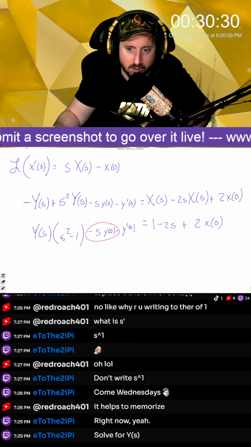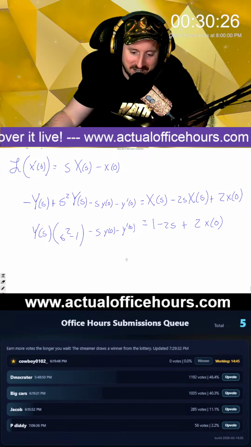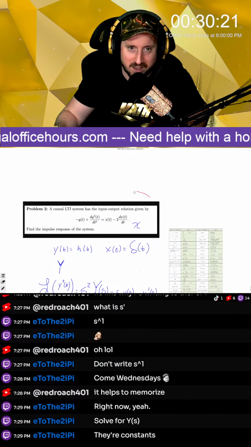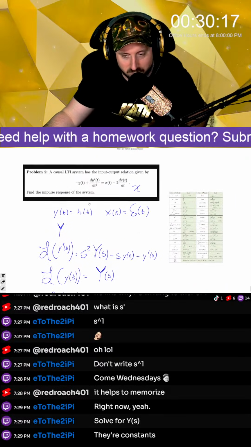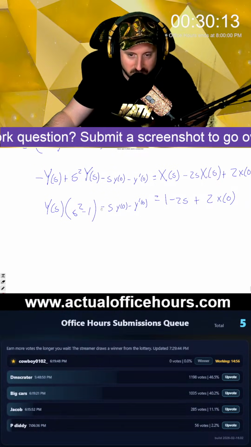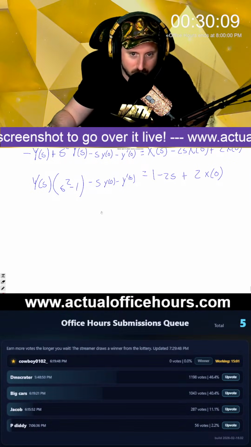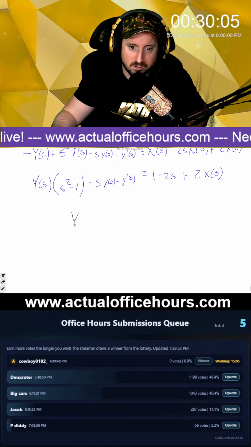Can I just say these are 0? Can I just get rid of them? Some initial conditions thing or whatever, right? Can I just assume that they're constants? But can we just assume they're 0, right? At t equals 0? Oh, they're initial conditions? I really don't want to deal with them. Okay, fine. Okay. Alright.